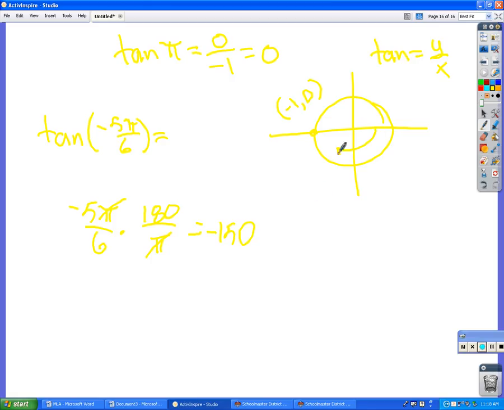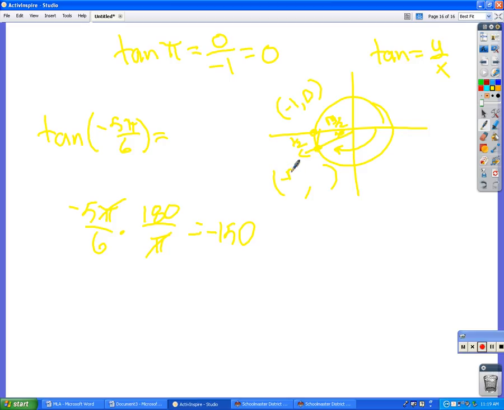So negative 150 means I need to go this direction and end up right there. What kind of a triangle do I have? I have a 30, 60, 90. So the short leg is 1/2, and the long leg is root 3 over 2, because it's the short leg times root 3. So the coordinates of that point are, how far did I go in the x direction?